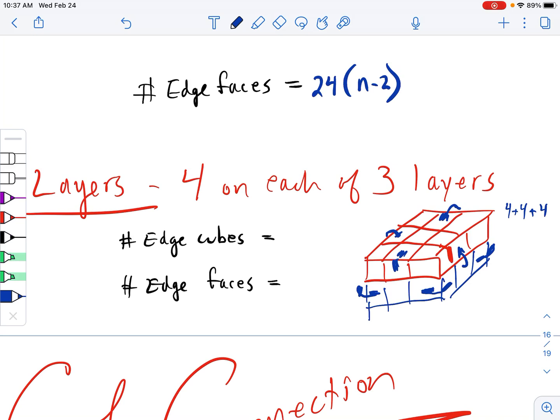So on a 3 by 3 cube, there's 4 of them on each. Well, how'd that happen? Well, because I took off 2 from each side. So I did 3 minus 1. And then I have 4 sides of that individual square. So I'll do 4 times, hold on, I did 3 minus 1? No, I did 3 minus 2. Because I took off a corner and a corner.